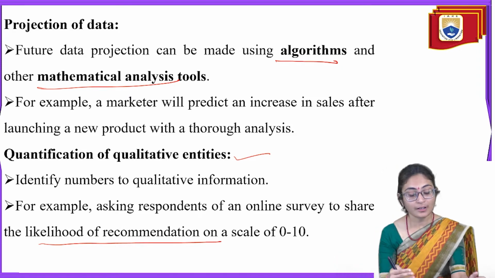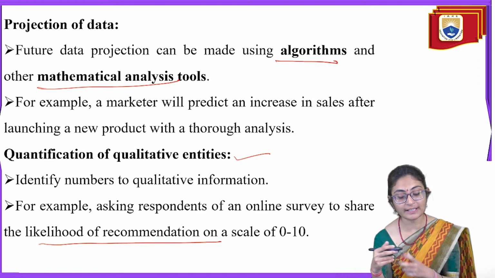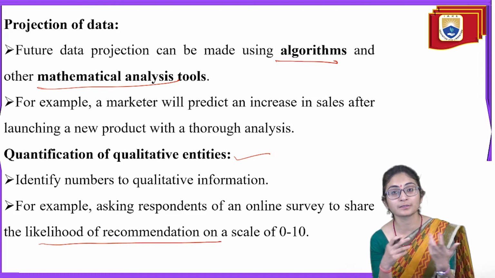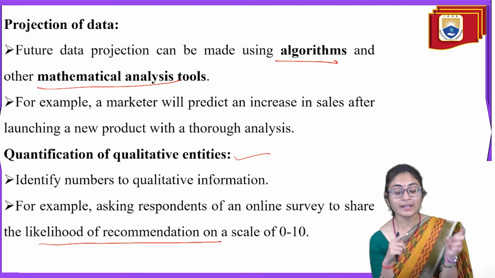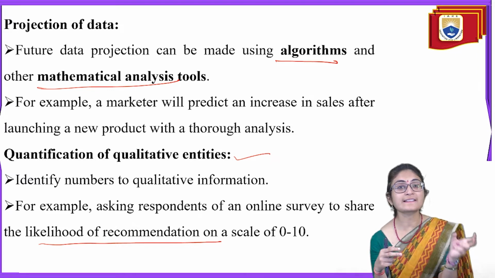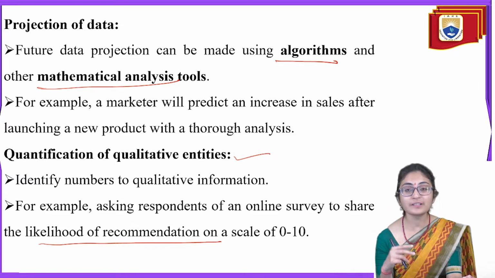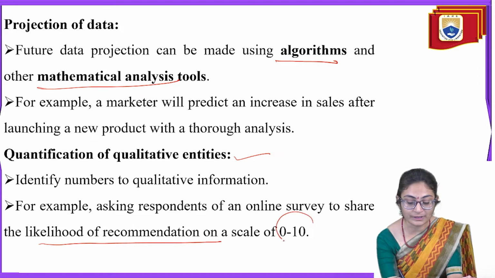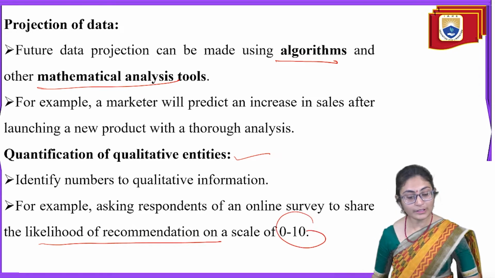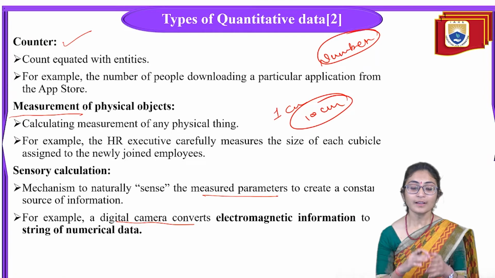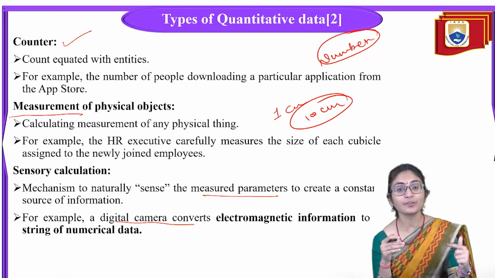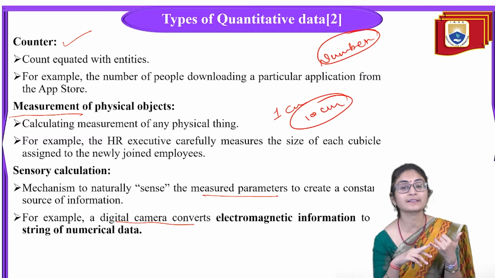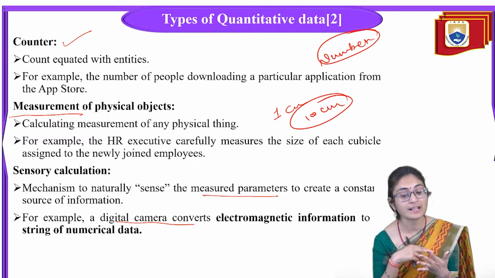That means here we will ask about the data, and we will give the range like 0 to 10, and always we will give the range in the form of numbers. That means when we talk about quantitative data, everything is represented in the form of numbers, everything is represented in the form of counts.